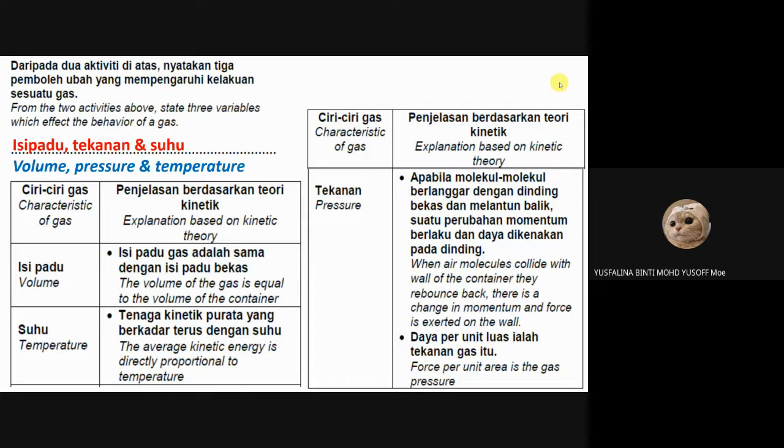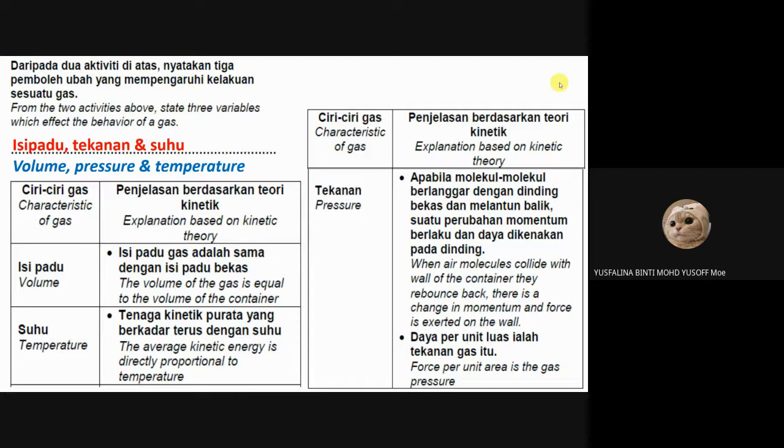And then the next one is the pressure. The pressure is when air molecules collide with the wall of the container, they rebound back. There is a change of momentum and force is exerted on the wall. I already explained this. The force per unit area is the gas pressure.